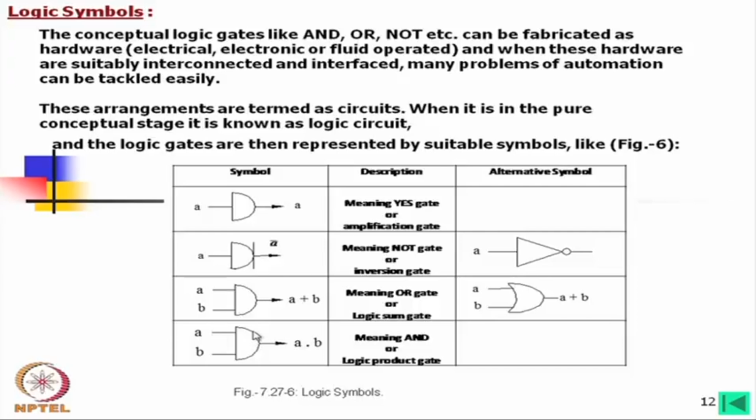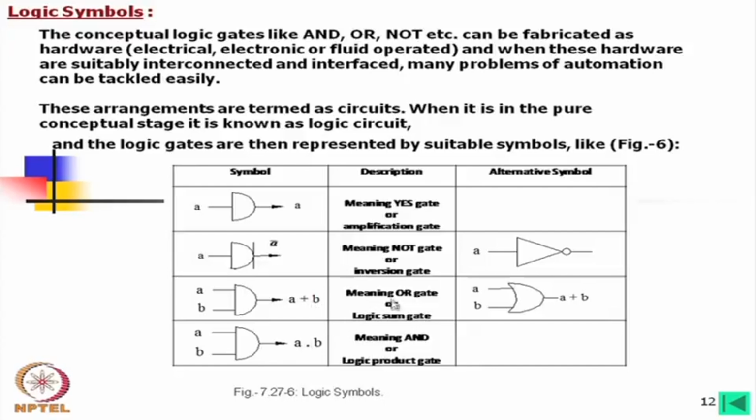Suppose A is there, B is not there, then this is like in general algebra. In that case, this output will be 0. If B is there, A is not there, then also the output is 0. Only if A and B both are there, then there will be output. So, there is a distinct difference between this and this.